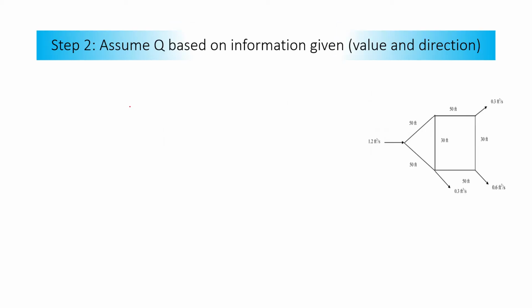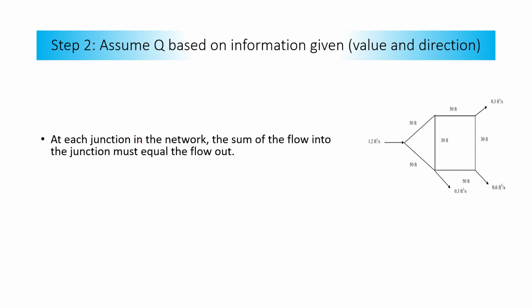The next step is to assume Q based on information given. At each junction in the network, the sum of the flow into the junction must equal the flow out. What goes in must equal what goes out.